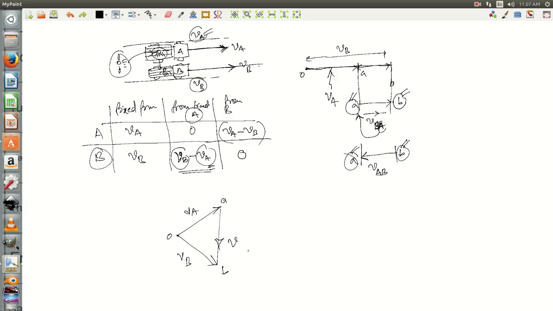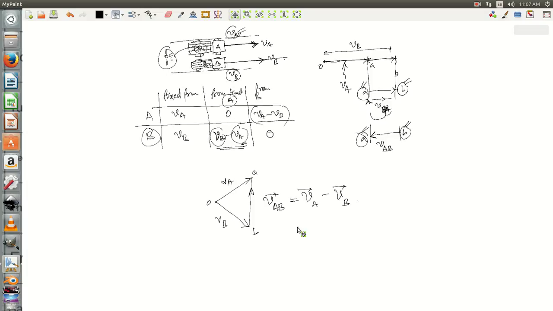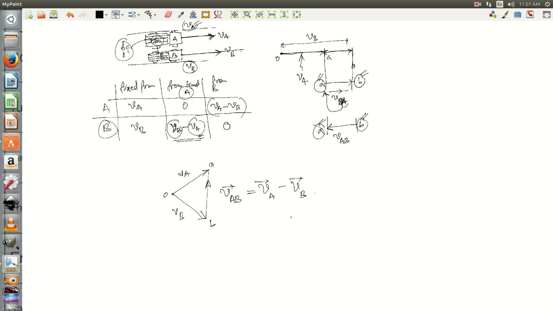Or you can also draw the direction upward and write here velocity of A with respect to B, which is of course given by velocity of A minus velocity of B, right? So this is the concept about the relative velocity.